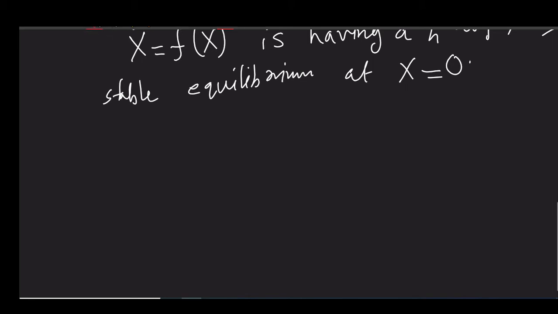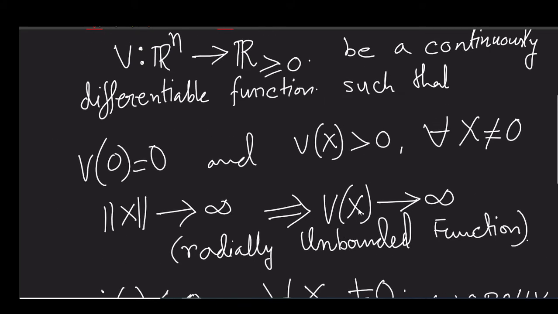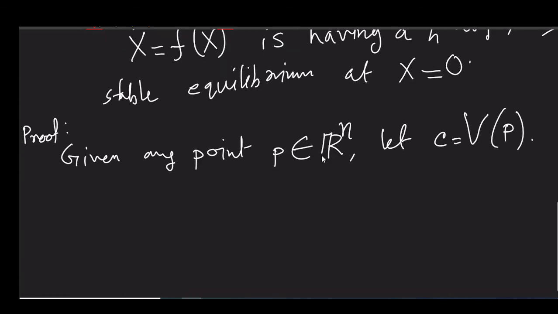Let us consider any point, given any point p, let's say V(p) equals something, and for which we have the condition that radial unboundedness is satisfied.